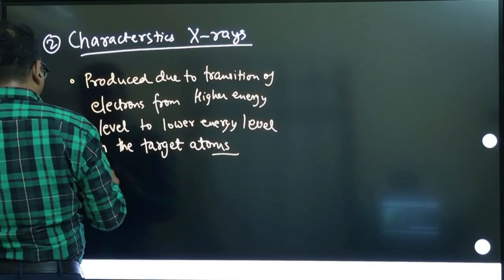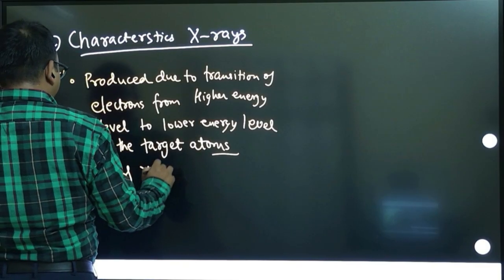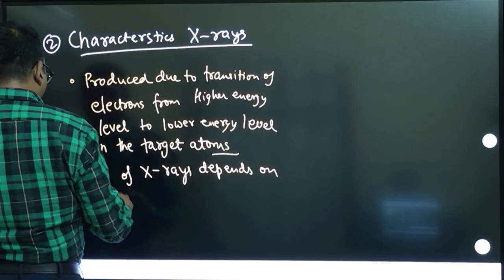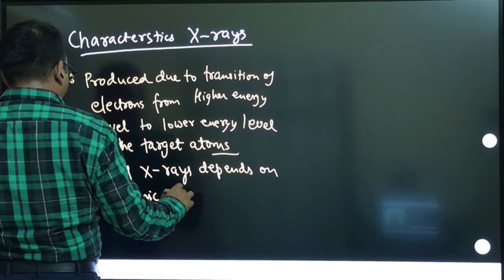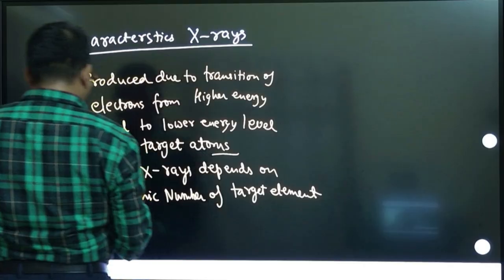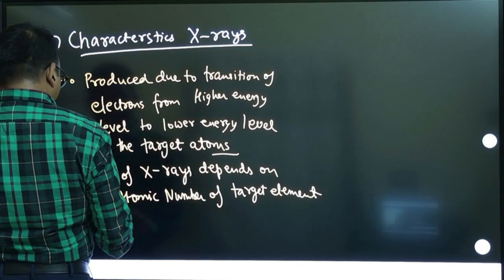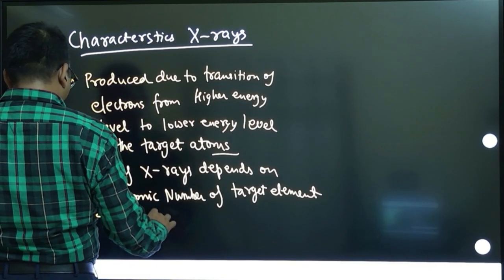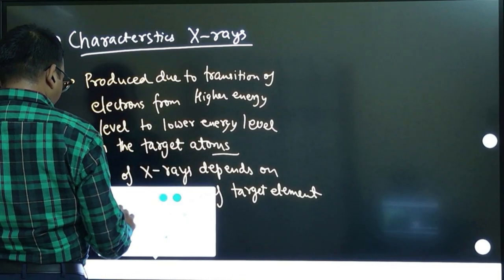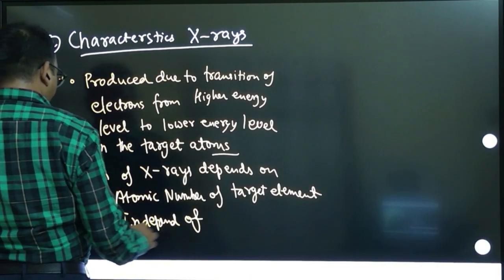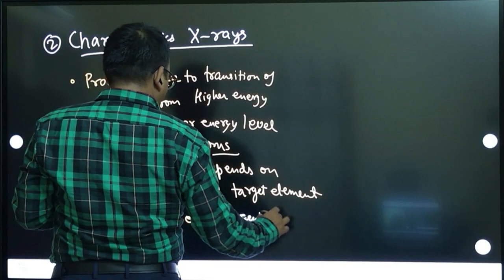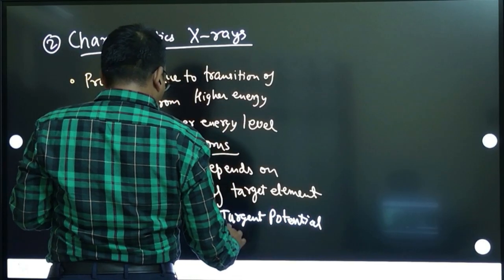And here it is important that the wavelength of characteristic X-rays depends on the atomic number of the target element, and second thing, it is independent of target potential or accelerating voltage.